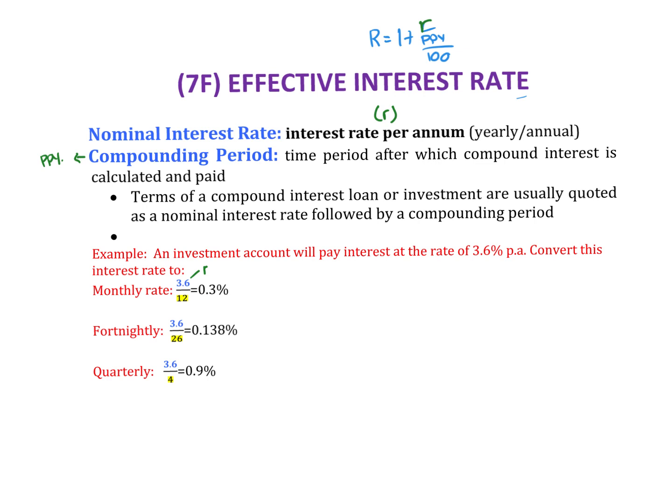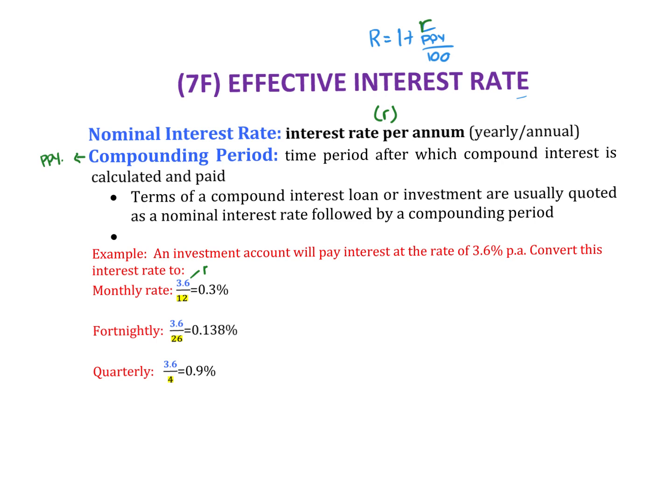So that means every month we're going to add 0.3% of interest onto whatever value it is. Okay, and then we would do that 12 times across the year. So when you do that, you'll actually get a little bit more than if you only did it once, because you're constantly adding to the new total. And the new total is a little bit more than the first at the beginning of the year.